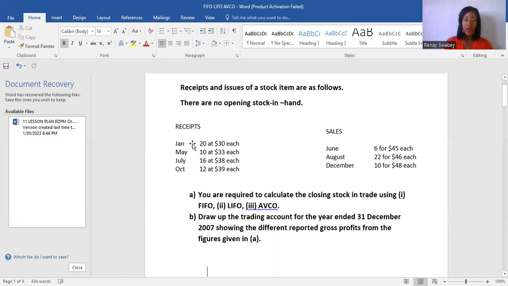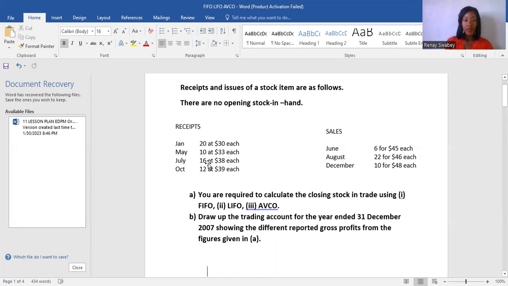In January, we received goods. Selena received goods from Sashanique at $30 for each, and she bought 20 cases. In May, Sashanique sold Selena 10 cases of rum cream for $33 each.